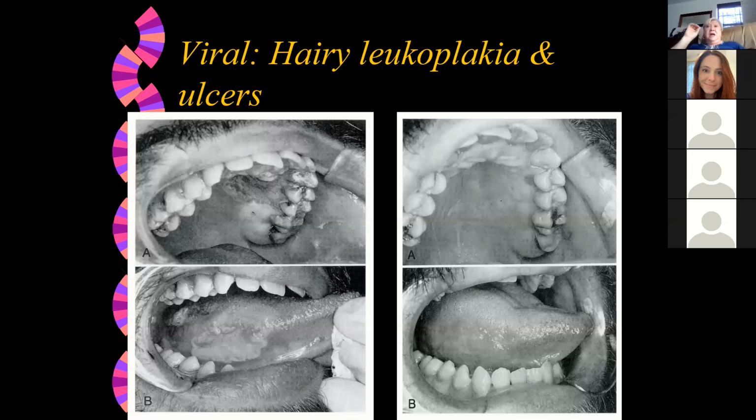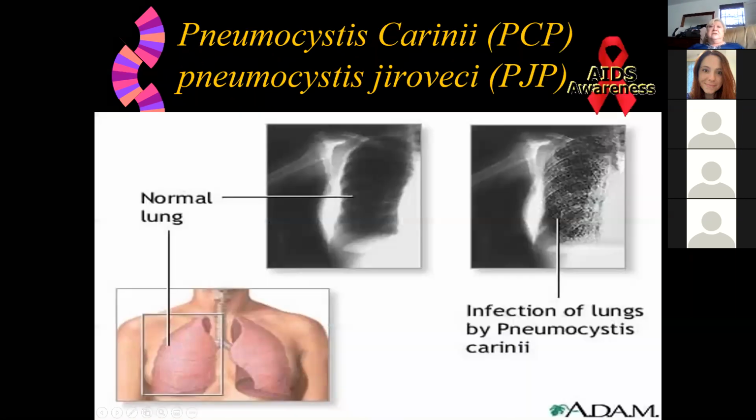One of the most common ones that we see people come in with is pneumocystis in their lungs. It's called pneumocystis carinii, or pneumocystis jirovecii, PJP, pronounced yerovitsi, kind of like the sandwich gyro.